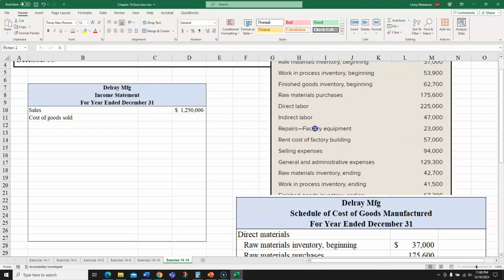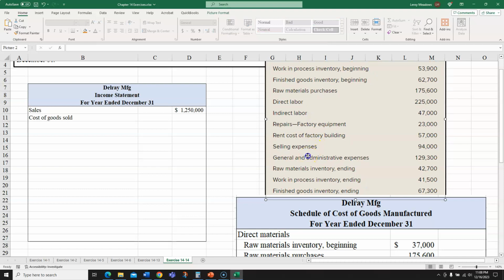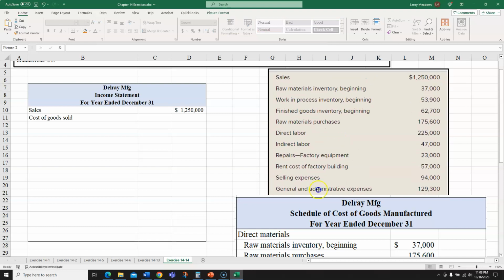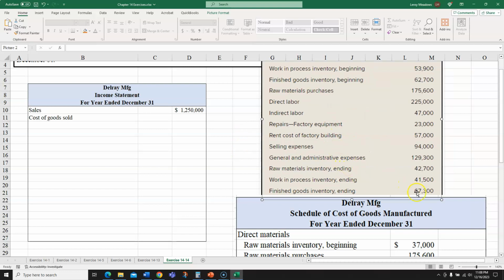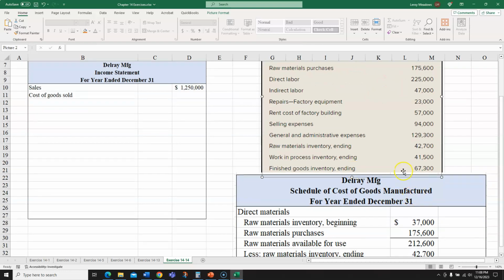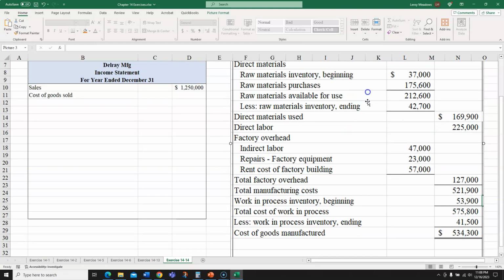Because if I analyze my finished goods inventory account, I can take my beginning finished goods inventory plus my cost of goods manufactured to give me my cost of goods available for sale, subtract out my ending balance in finished goods inventory, and then that can give me my cost of goods sold.